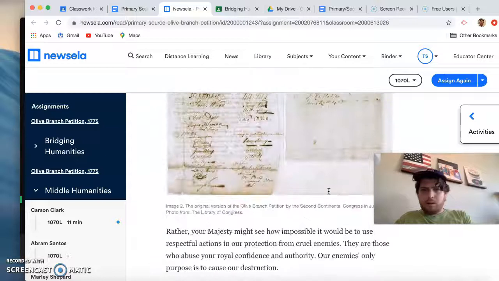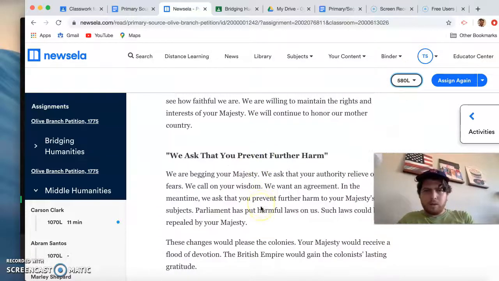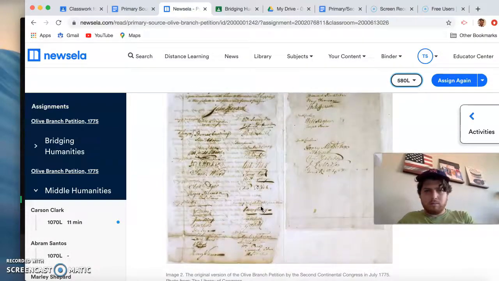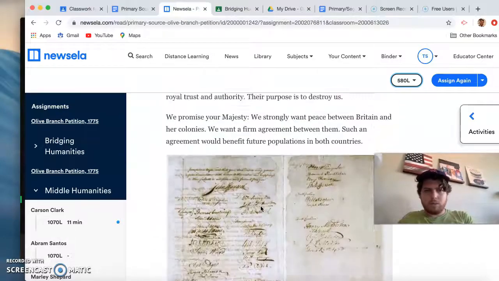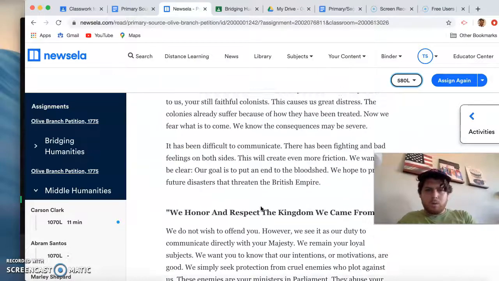It's about 7 paragraphs. And if we go lower, it's less. It's only 1, 2, 3, 4.